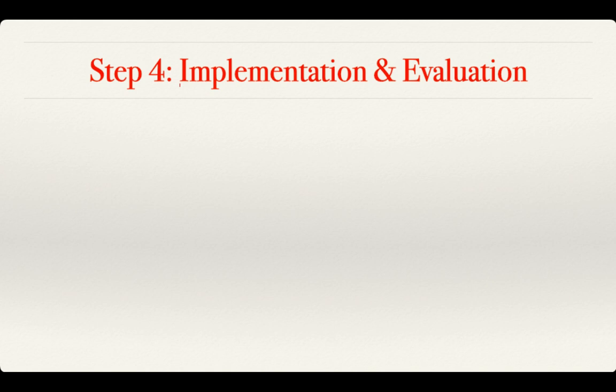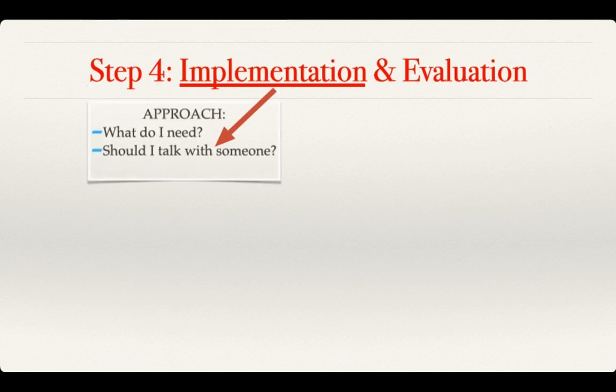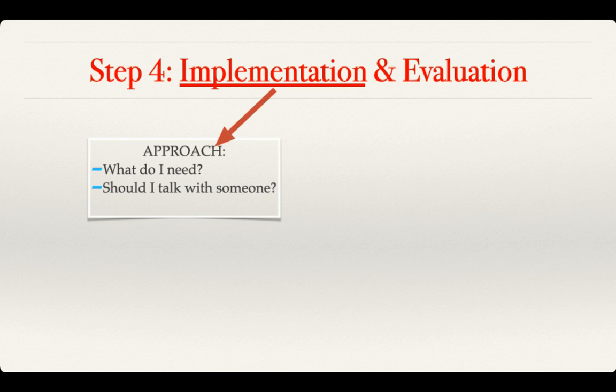When putting your idea into action or implementing your idea, you should take a moment to consider your approach. Beyond what you need to do to carry out your idea, is there anyone you should talk to? More important, how will you evaluate the outcome? The first part of this step is implementation, but equally important is this second part, evaluation.